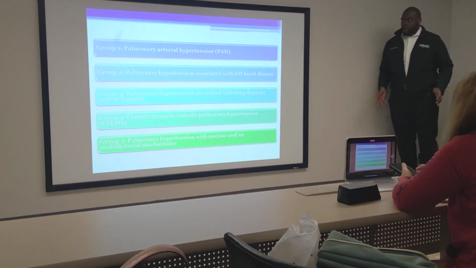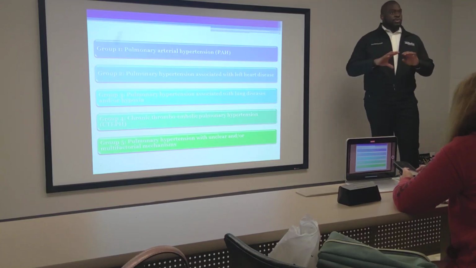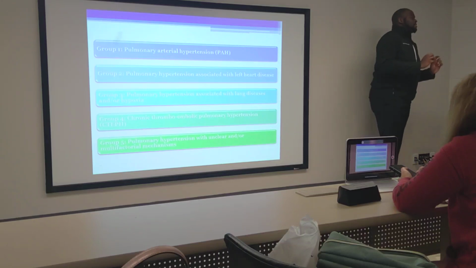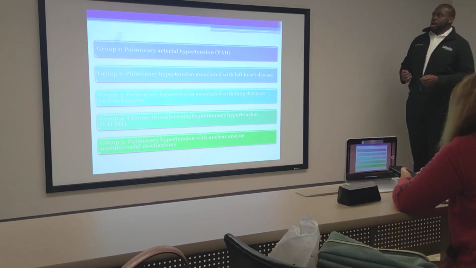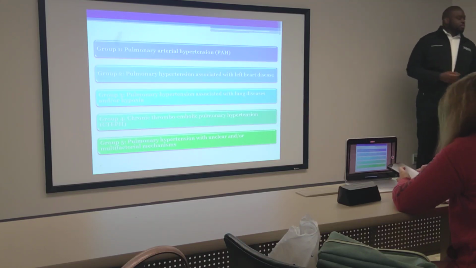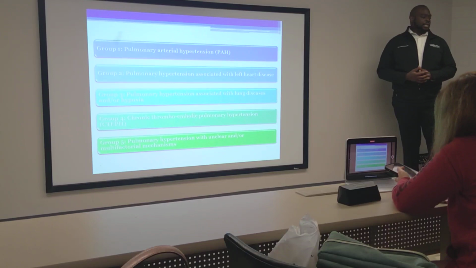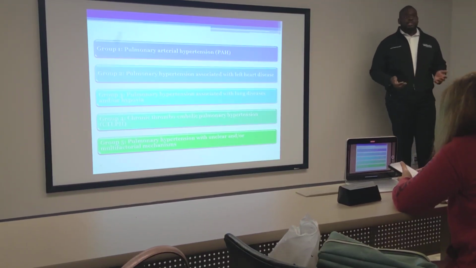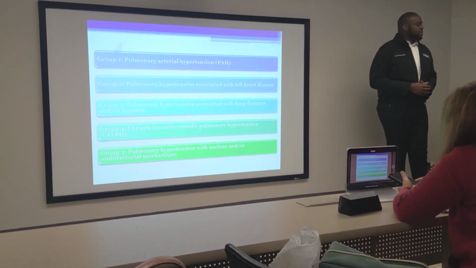Now, these are the 5 groups associated with pulmonary hypertension. These are the subtypes. Our first one is PAH, or pulmonary artery hypertension. Our second group is pulmonary hypertension associated with left heart disease, heart failure for example. Group 3 is pulmonary hypertension associated with lung disease and/or hypoxia, which is COPD, like your example earlier.